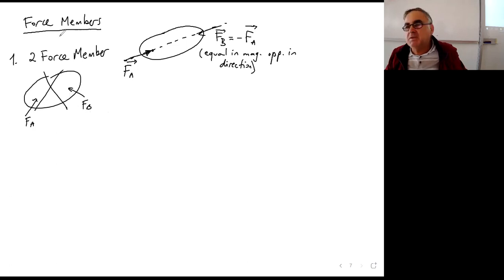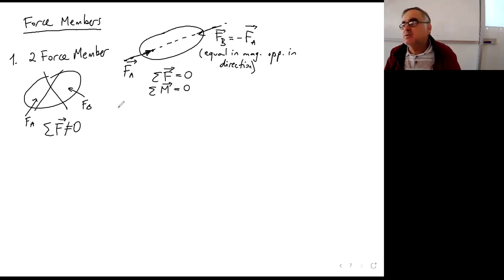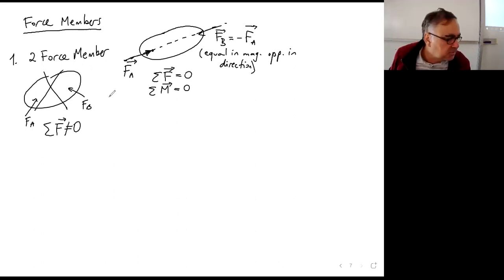As you see, there has to be a resultant force here, in this case the summation of forces is not zero. Whereas here, the summation of forces will be zero, and the summation of moments will be zero as well. This is also satisfied in the two forces. There is no other possibility.